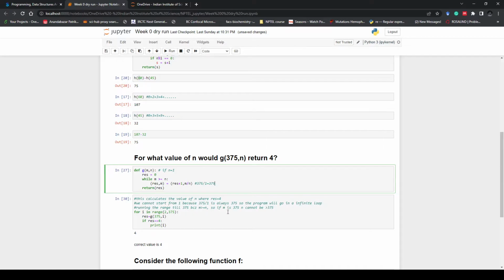Perfect. Then we are running the range till 375 because m cannot be smaller than n.